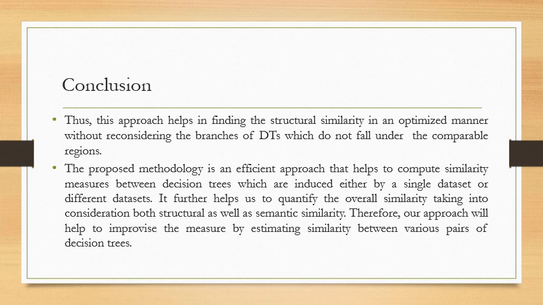We also saw that the unmapped regions contribute negatively to the overall similarity. So we have subtracted the similarity value of the unmapped regions, and doing that, we have got the exact value of the structural similarity.